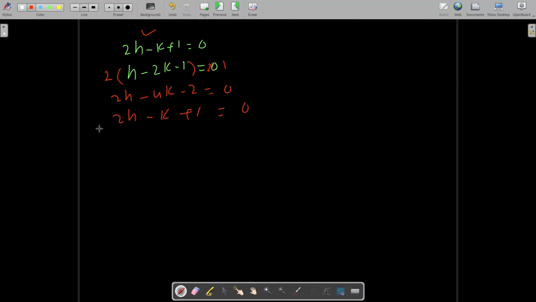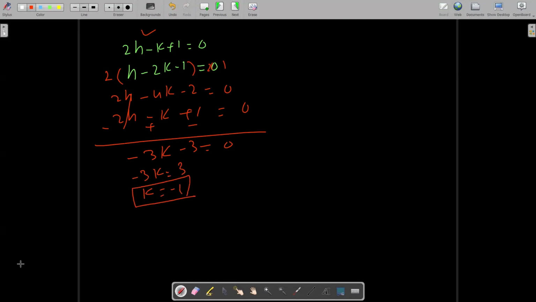If you subtract these equations, you have to change the signs. Simplify: minus 4k plus k is negative 3k, negative 2 minus 1 is negative 3, equals 0. So negative 3k equals positive 3, and k is equal to negative 1. Does it make sense? Yes, that was your mistake.